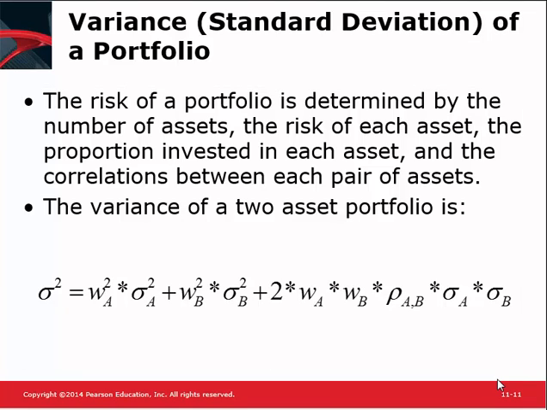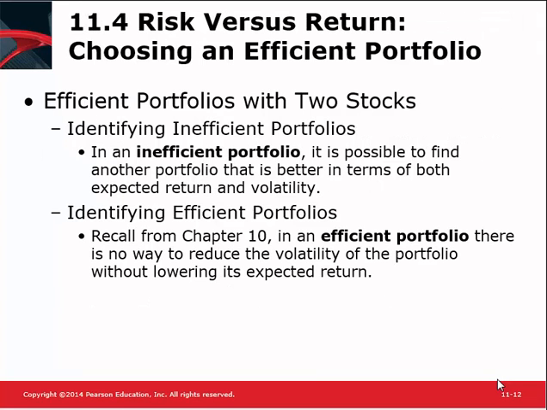Now, what we typically don't find is that any two stocks are negatively correlated. They are not perfectly positively correlated either. They don't have a correlation of 1, but it should be somewhere between 0 and 0.6, 0.7 in that range.